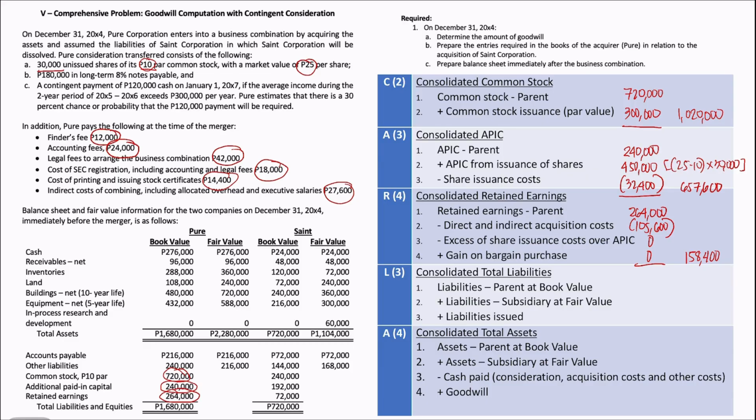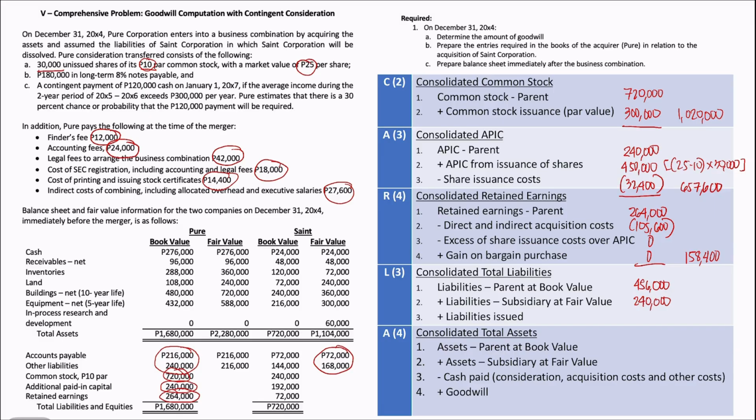Let's now have consolidated total liabilities. We first get the liabilities of the parent at book value. That's 216,000 plus 240,000, 456,000. We then add the liabilities of the subsidiary at fair value. That's 72,000 plus 168,000, 240,000.